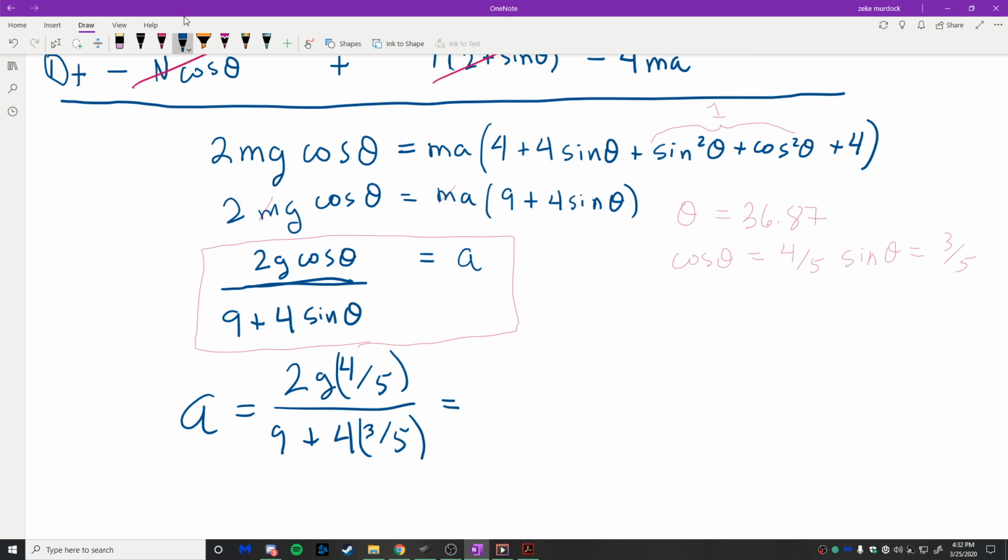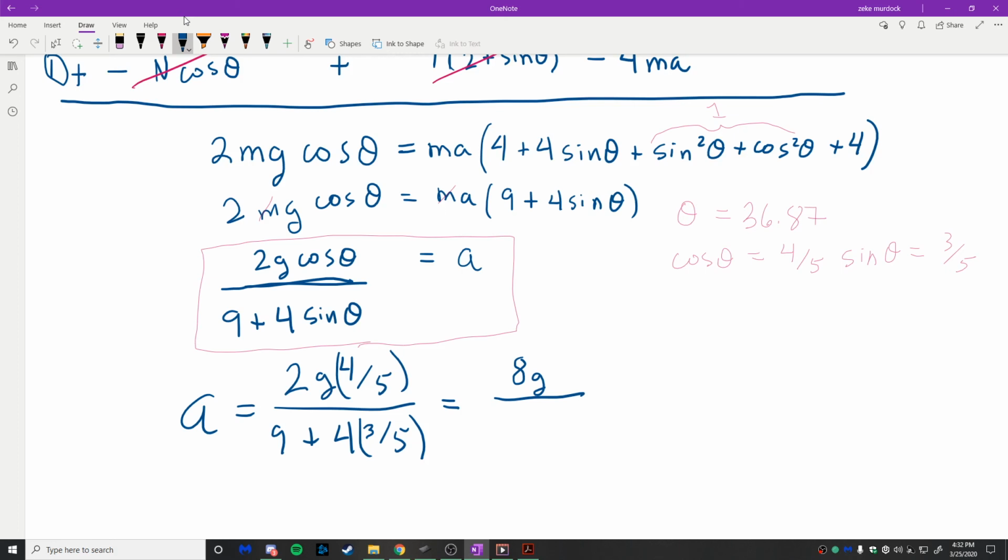If you don't believe me, you can plug these into your calculator. It's a 3, 4, 5 triangle that has an angle like this. So I believe what we got out of this, did this yesterday. I don't remember the answer, but this was 8 in the numerator, so it's 8g divided by, it's going to be 5 times 9, which is 45, plus, wait a minute, multiply 5, so it's 12.